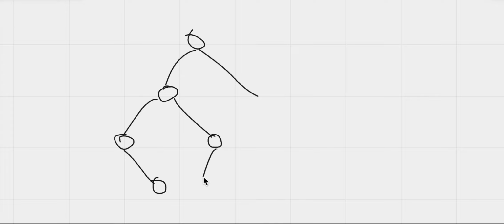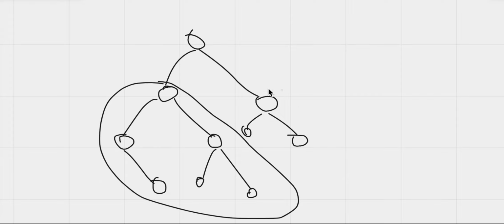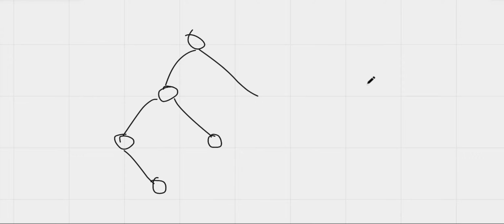So this is a tree, and you can see that each tree consists of subtrees. For example, you can say that this is a subtree and this is a subtree, and these will both be valid trees. And trees don't have to look this obvious.